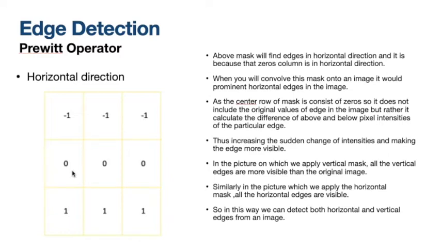As the center of the mask is 0, it does not include the original value, and finds the difference between the above and below pixel intensities of the particular edge. And that's how it finds the horizontal edges, thus increasing sudden changes of intensities and making the edge more visible.